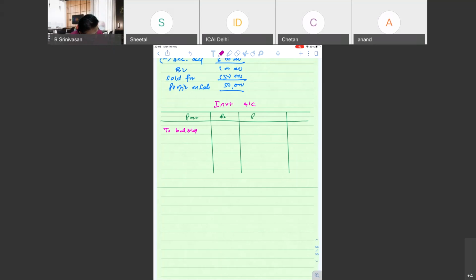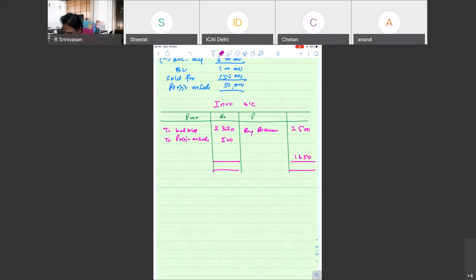Investments 2,320 and 1,650. By bank 2,500. Profit on sale 500.